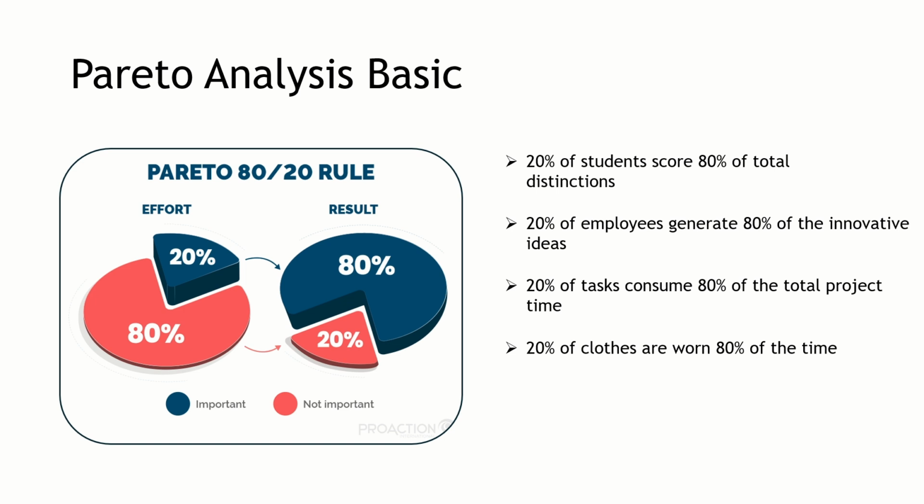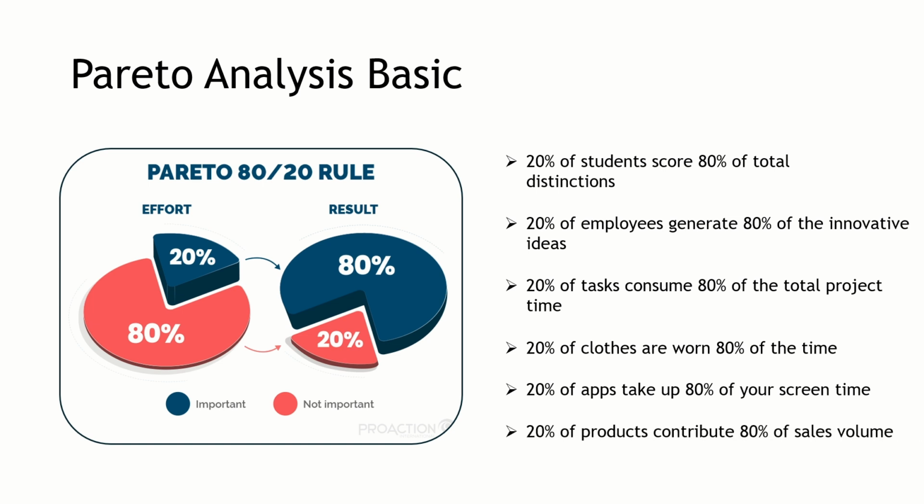In personal life, we wear 20% of the clothes 80% of the time. On our mobile phone, 20% of the apps alone take 80% of screen time. And 20% of the products contribute 80% of the sales volume in every organization.